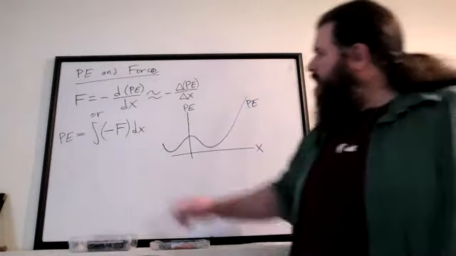So we would say the slope is positive. And if the slope is positive, then the force has to be negative. So in this region, we've got a force to the left. Meanwhile, in this region, we've got a negative slope. So we've got to have a positive force. Any questions on those forces so far?